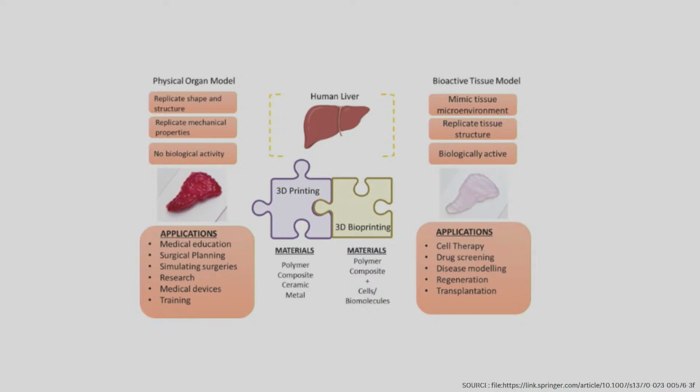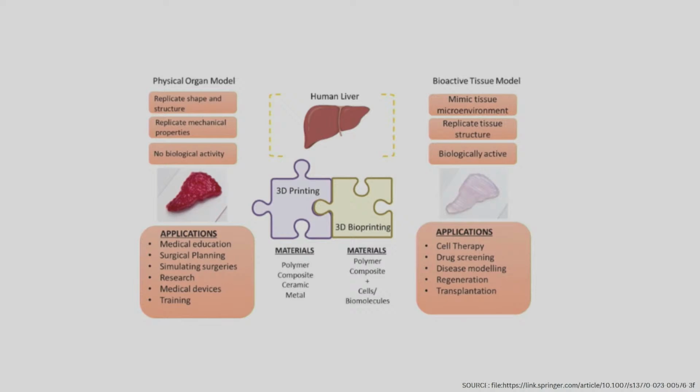When you're 3D printing without cells, what you're getting is a replica of the shape and structure of any organ that you want to print. Post that, it will not have any biological activity, but the applications that you can look at would be for medical education, surgical planning, simulating surgeries, and also for medical device training and research.